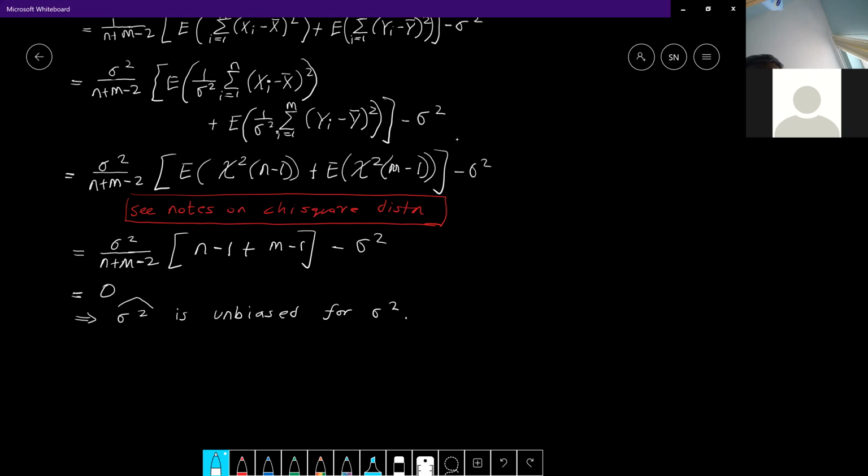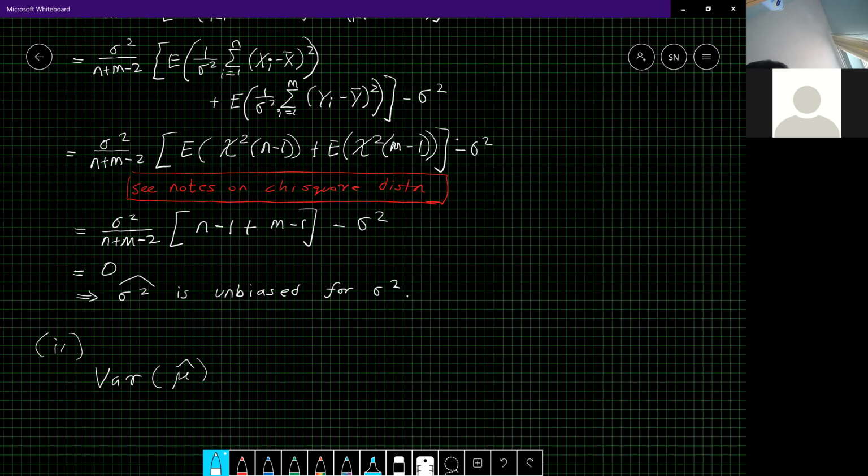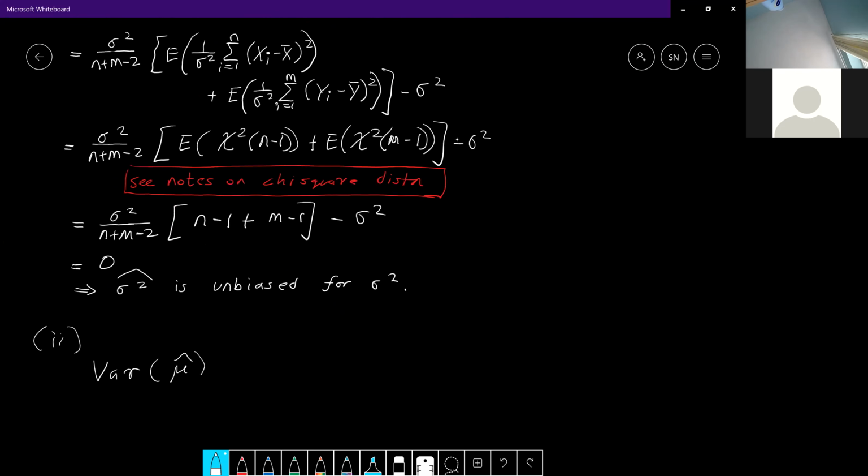Okay, so this is part 2. So we want to find an expression for the variance of mu hat, which is equal to the variance of n times x bar plus m times y bar divided by n plus m.